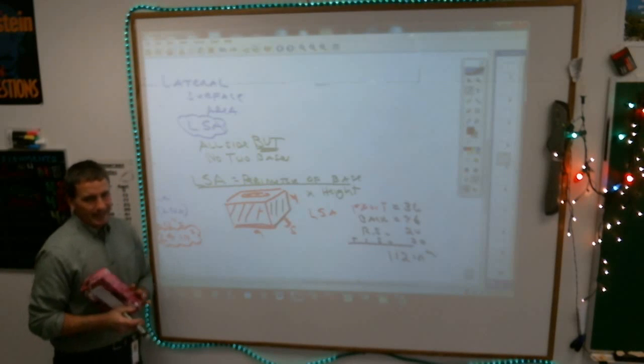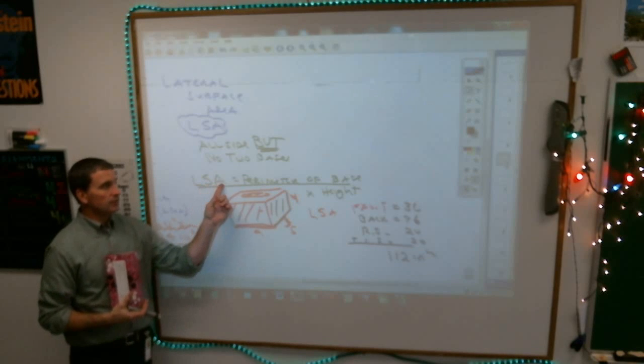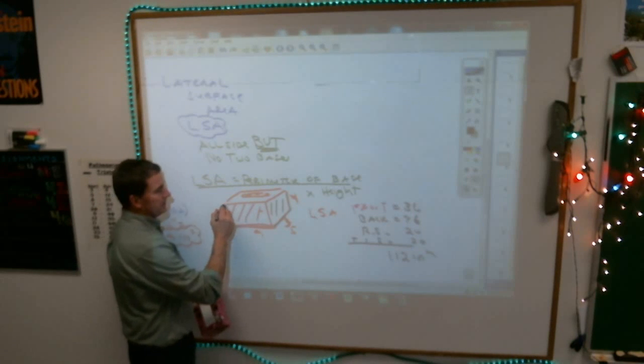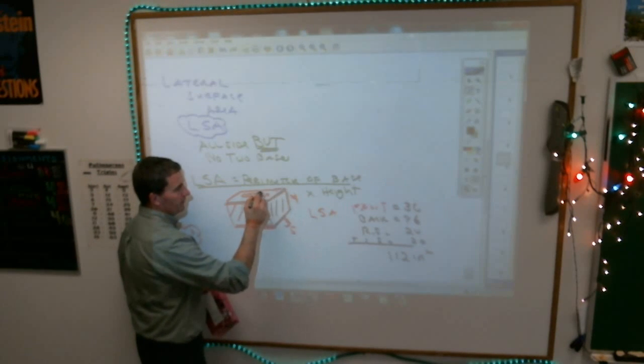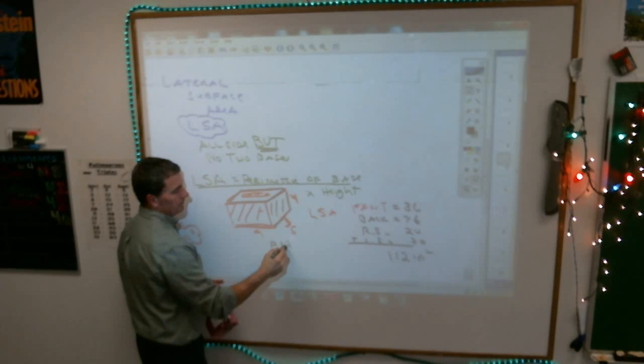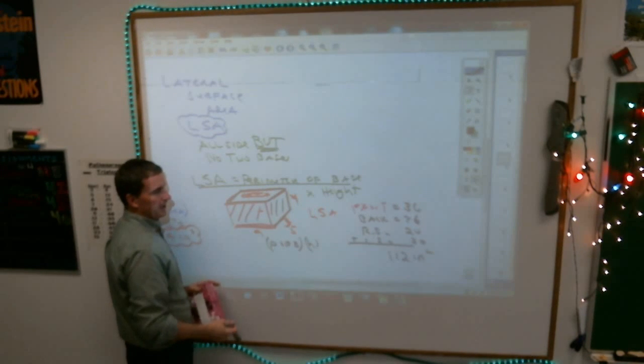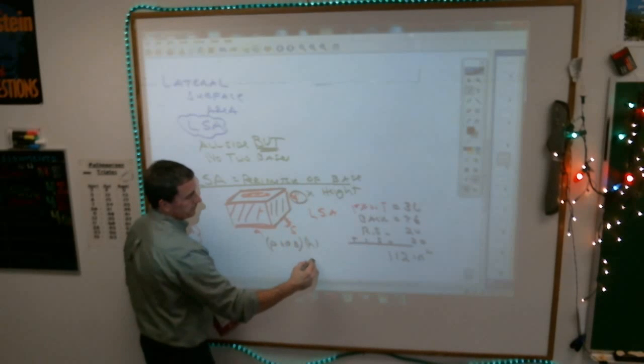Now, like I said, you can do it that way, or you can use this little formula: the perimeter of the base times the height. Well, what's the height of the shape? 4.